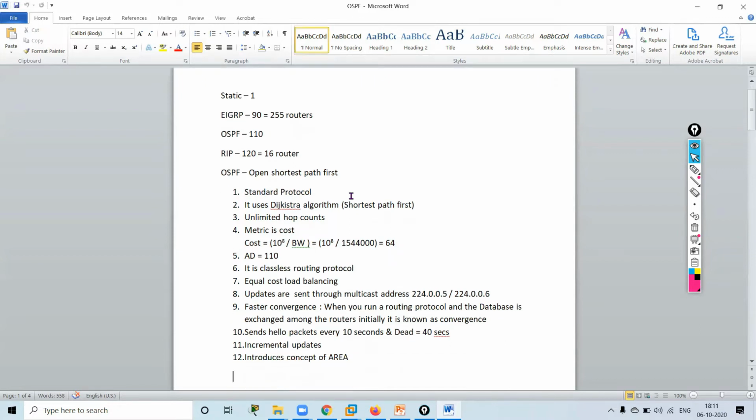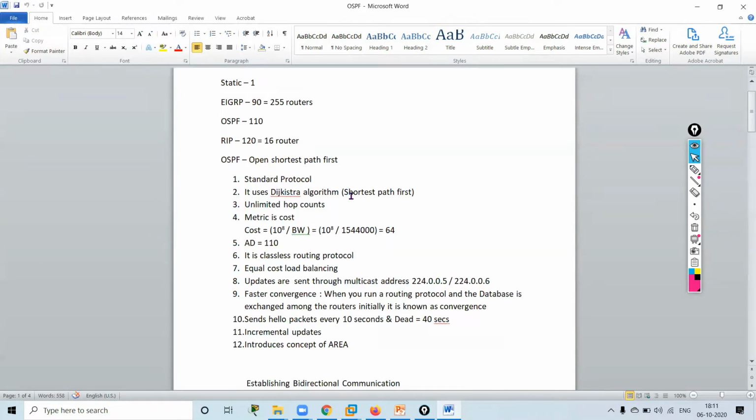Hello packets are sent every 10 seconds and the dead interval is 40 seconds. Incremental updates, or triggered updates. It introduces the concept of area.